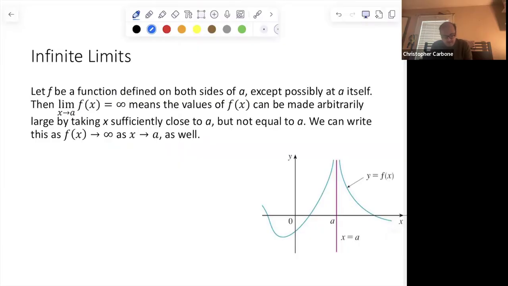Then the limit as x approaches a of f of x equals infinity means that the values of f of x can be made arbitrarily large by taking x sufficiently close to a, but not equal to a, which means f of x approaches infinity as x approaches a as well, which we can see is what's happening in this graph, right? As we move to the left and to the right, we're increasing without bound, which is why this limit approaches infinity.